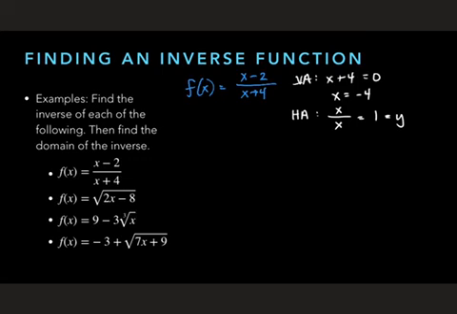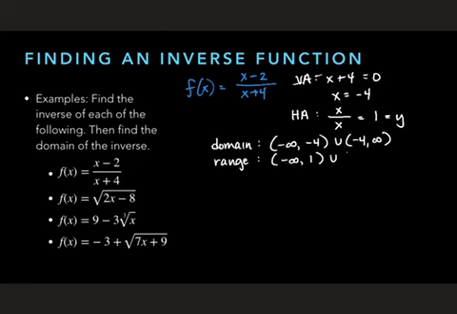Why do I care about the asymptotes? Well, this is why. My domain is everywhere except the vertical asymptote, so negative infinity to negative 4 union negative 4 to positive infinity. My range is everywhere except the horizontal asymptote, so negative infinity to 1 union 1 to infinity.